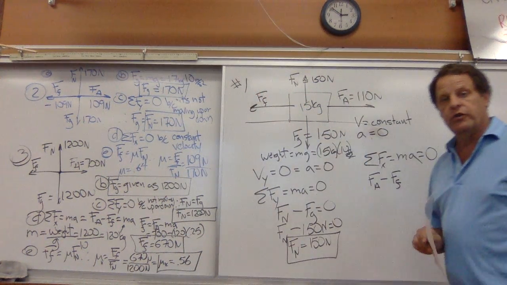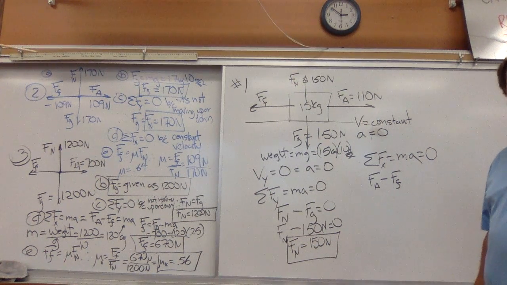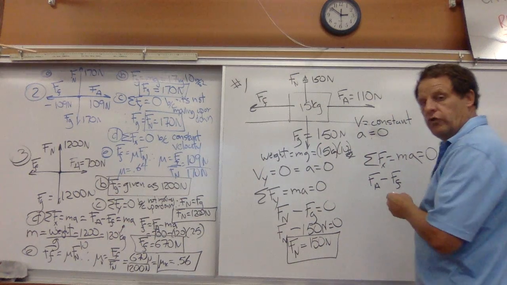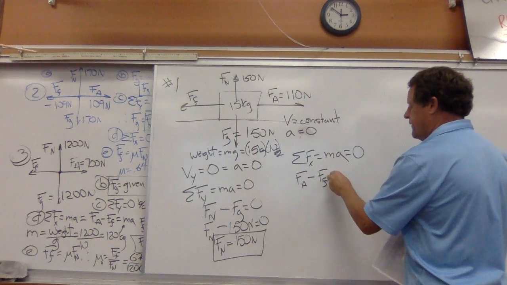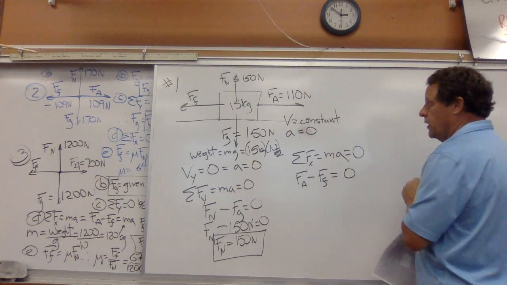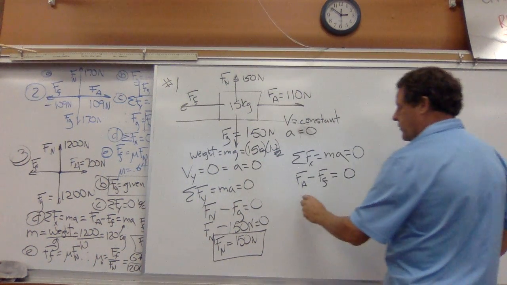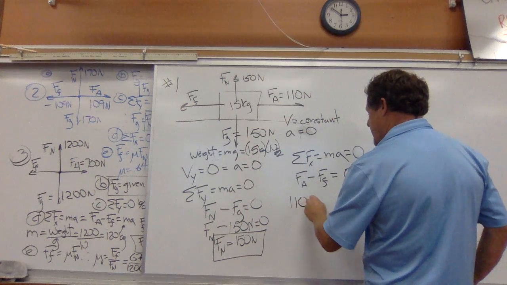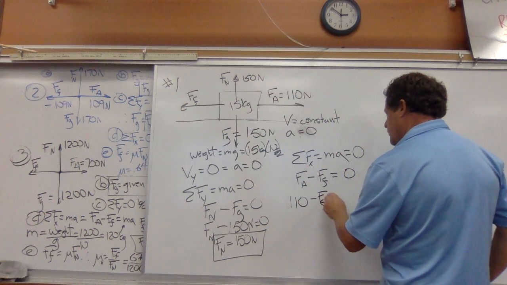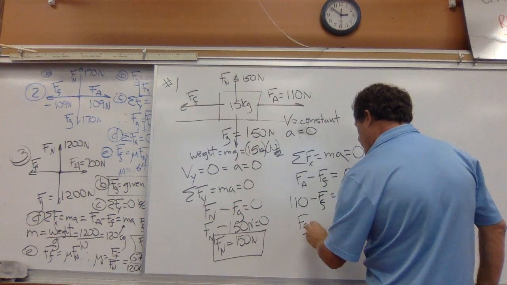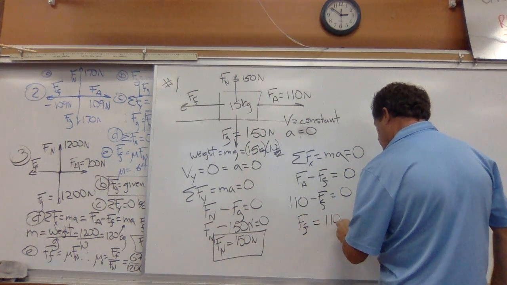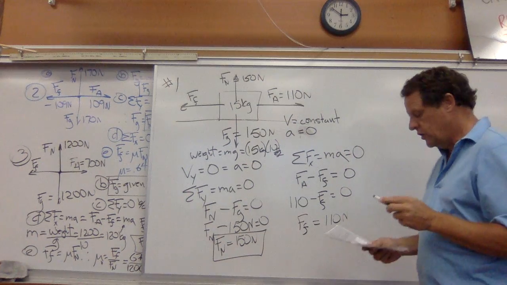Now remember, the frictional force is always going to oppose the motion or potential motion. So this is going to equal 0. We know that the applied force is 110 minus the force of friction is equal to 0. And just like this, we know that the force of friction is 110 newtons.